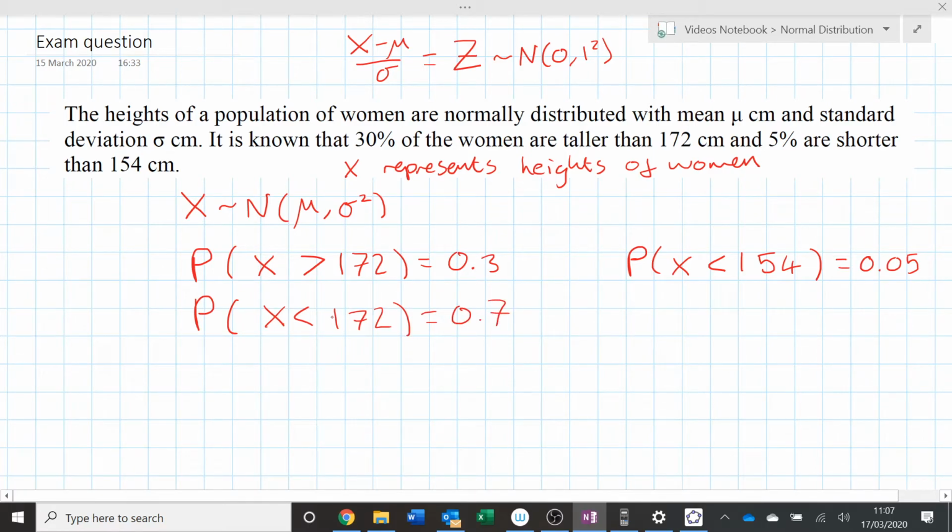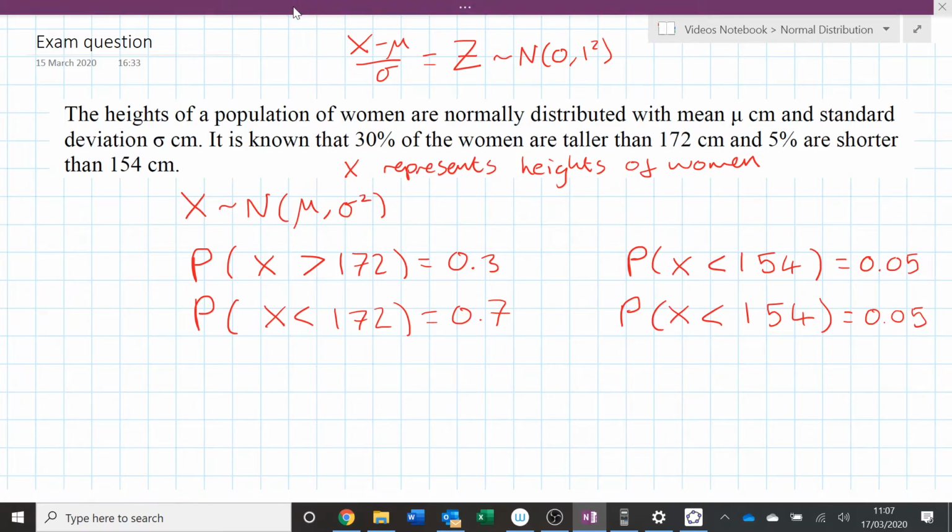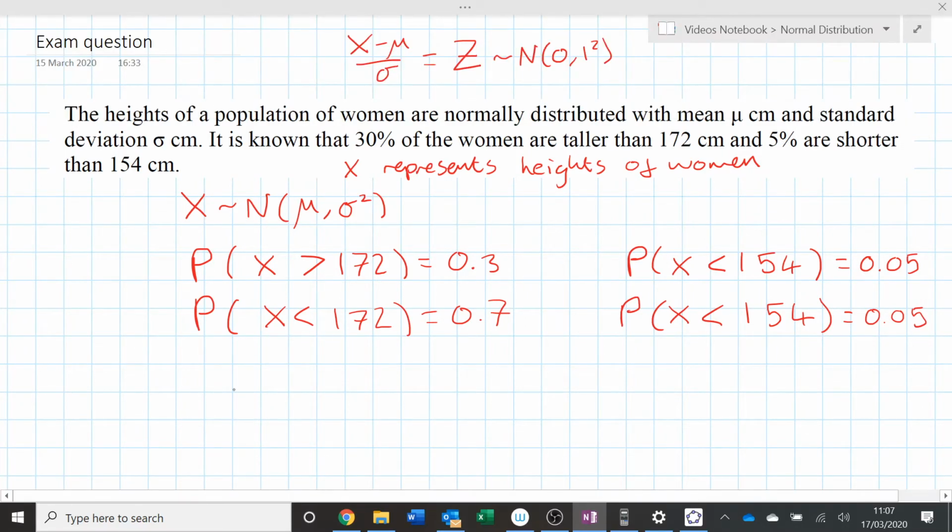So if greater is 0.3, less than is 0.7. I think it is important to set ourselves up with less thans because the calculator only does that for the inverse normal. And now I'm going to make my shift to z. So to z, it will be 172 minus mu divided by sigma.